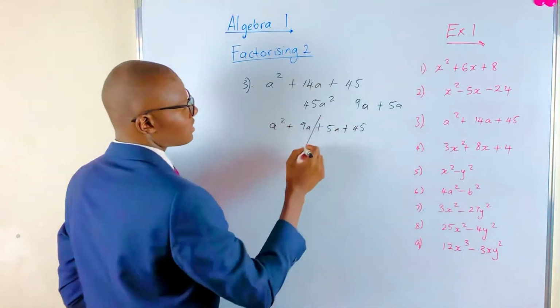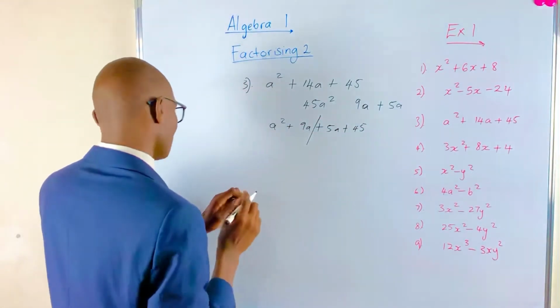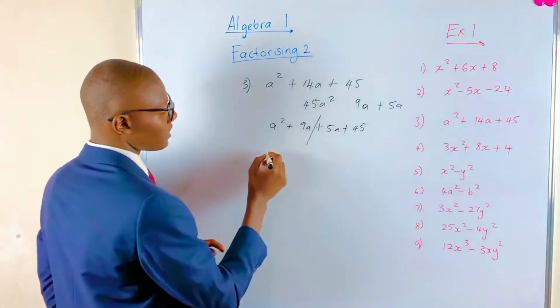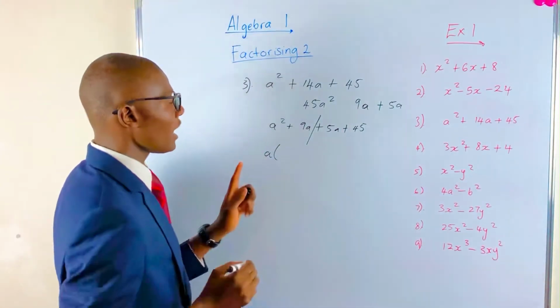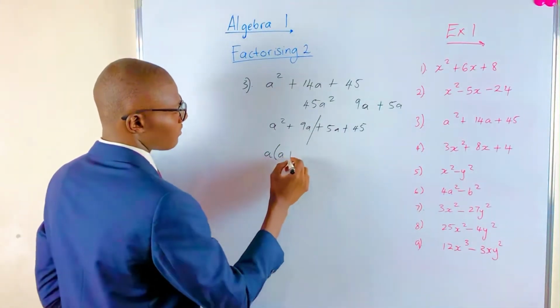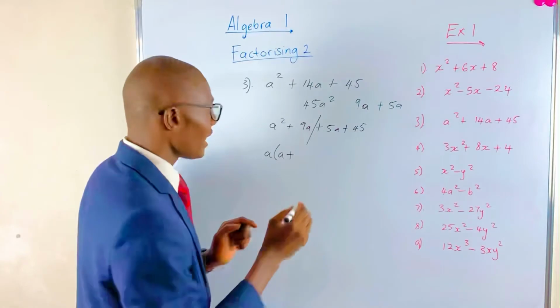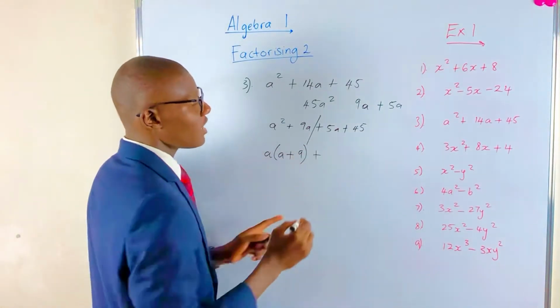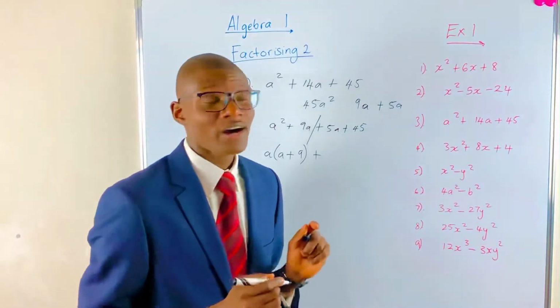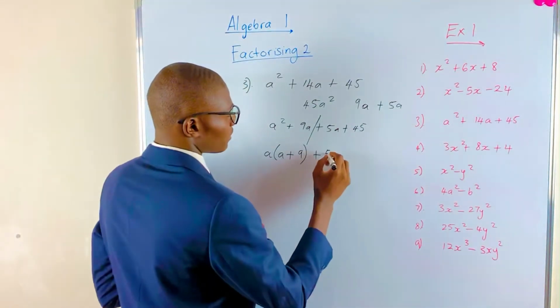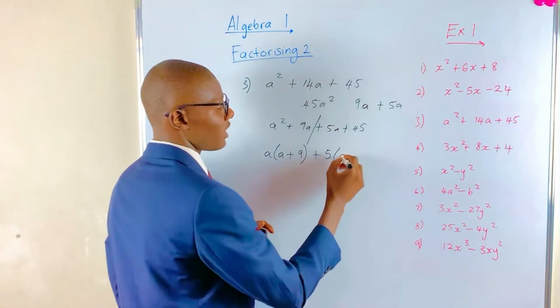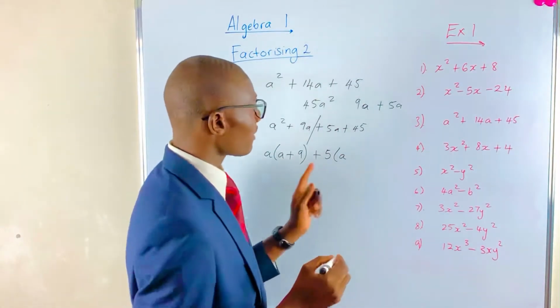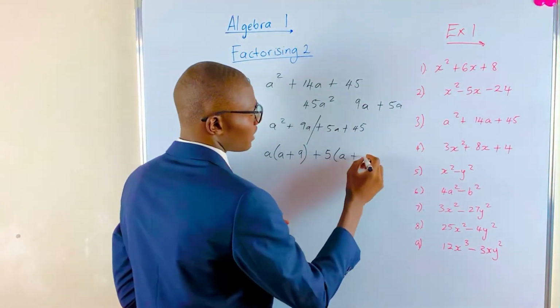And then we split this, we factorize separately. So here we shall factor out a, that is common. a into a squared, we get an a, plus a into 9a, we get a 9, right? Then plus, for 5a plus 45, we see that 5 is common. So 5 into 5a, we get an a, then 5 into 45, we get a 9.